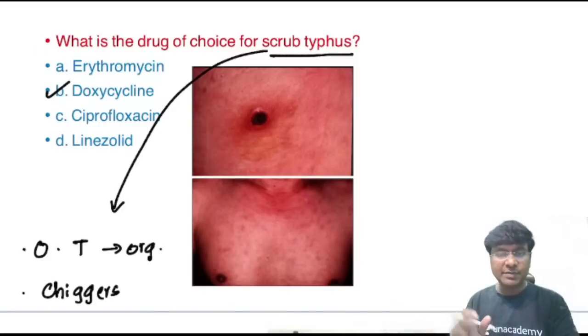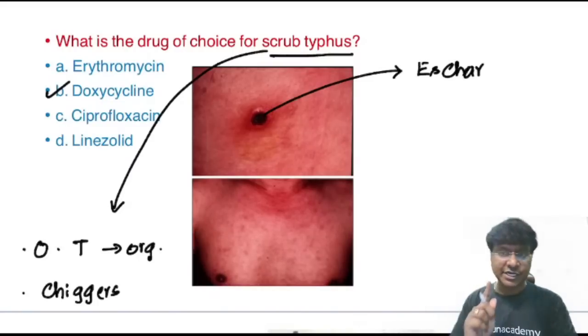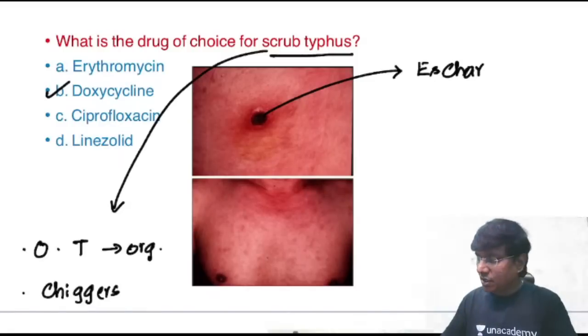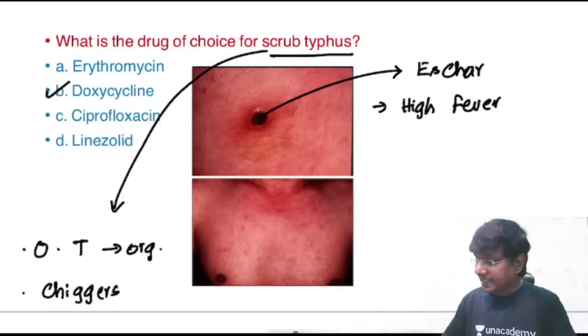Now, what will be the presentation in the individual? At the point where there is a bite, there will be formation of an eschar. So this black dot that you are seeing here is an eschar. Along with this eschar, the individual with scrub typhus will have high fever. The other manifestation is a high fever, and headache can be there.